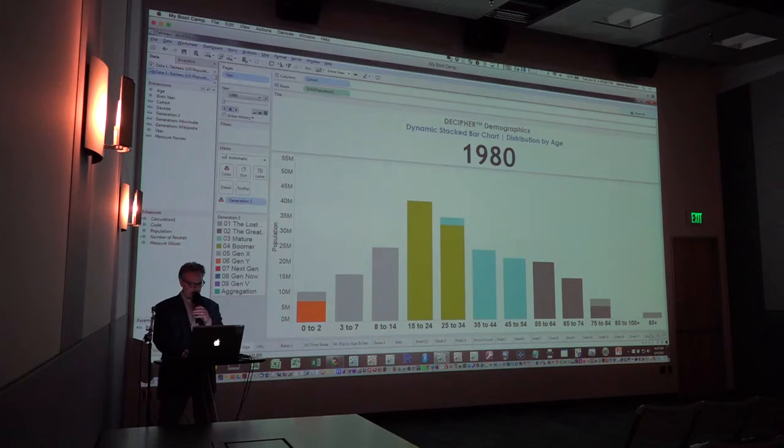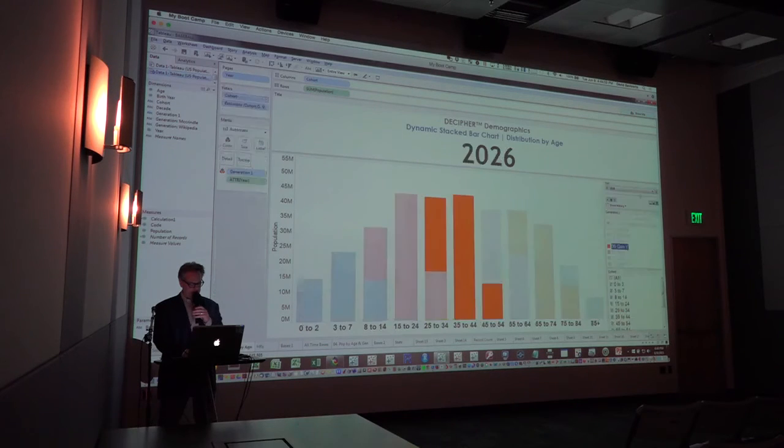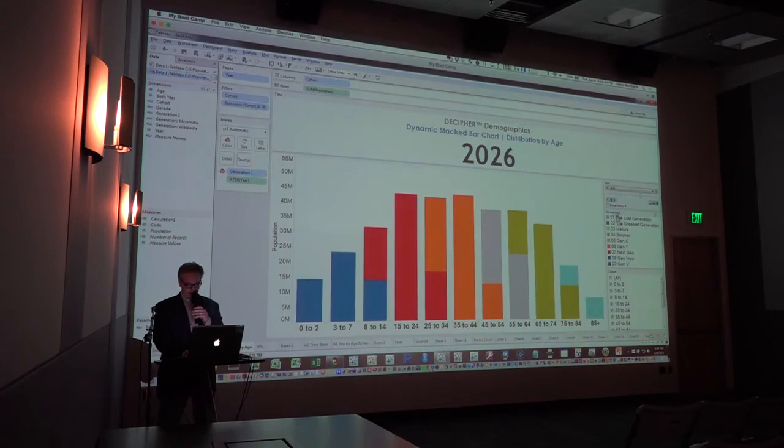Just a minor trivial point here is that because the generational name stops at next gen, and we were doing a 50-year forecast, we had to come up with our own generational names for generations that haven't even been born yet.